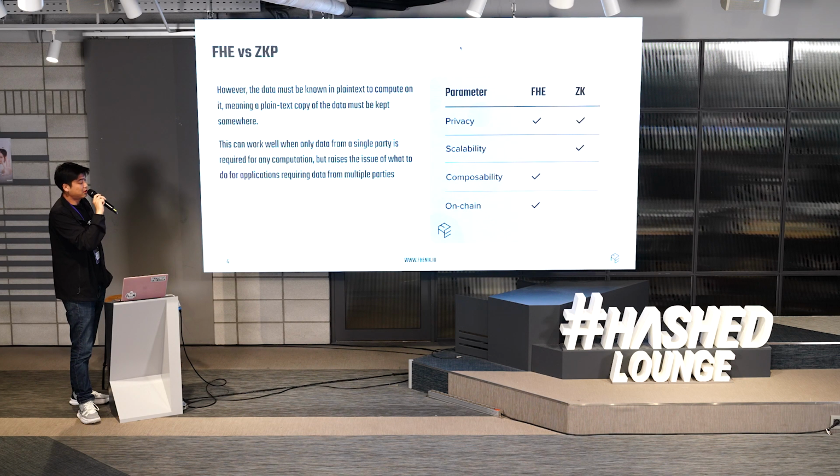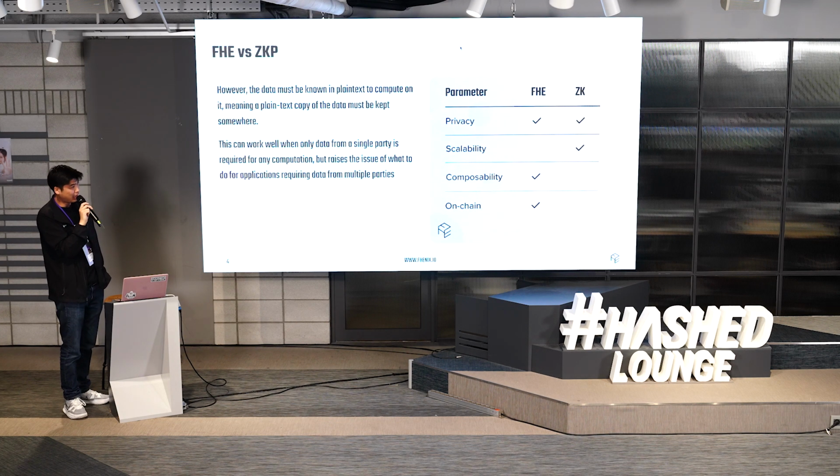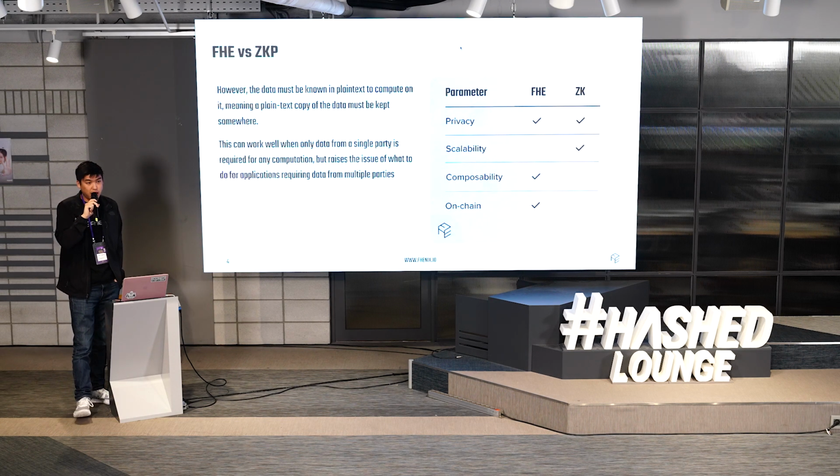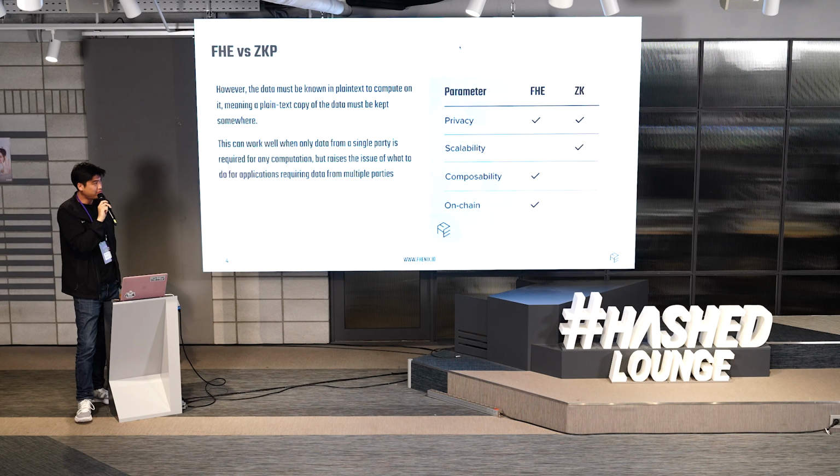Generally speaking, ZK and FHE are both technologies that can produce privacy. ZK right now is more scalable than FHE. Hopefully that will change in the future, or at least come to more of a balance.